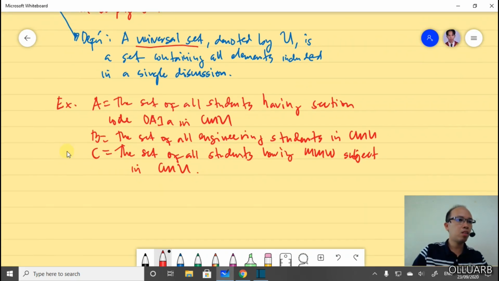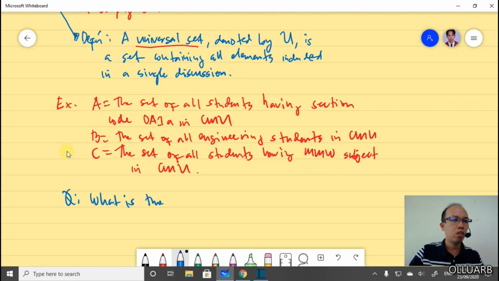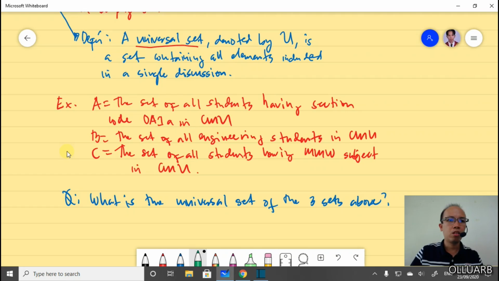So what is the question? If you have these three sets, and you can add more, the question is, what is the universal set of the three sets above? These three sets here are these sets.